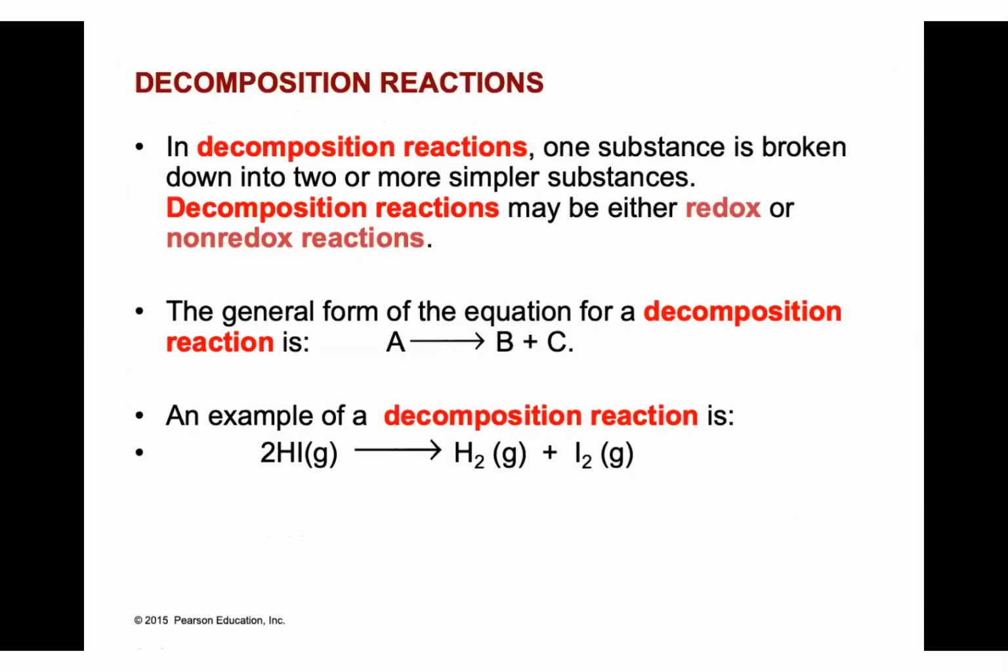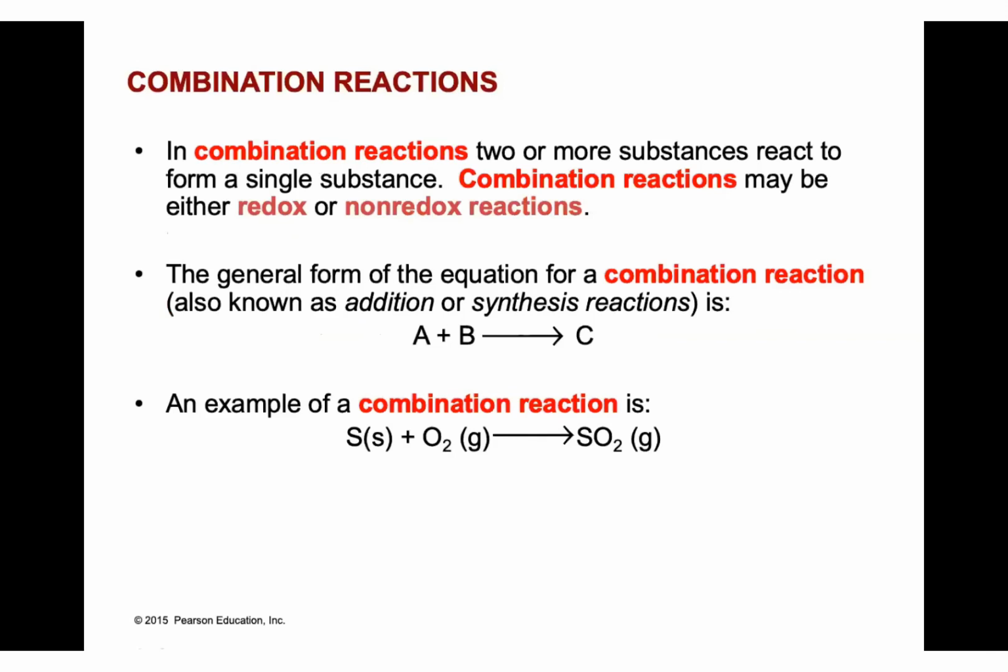Another type of reaction is decomposition reaction. For example, here HI breaks into H2 and I2. So one compound becomes two compounds. This is a decomposition reaction. Combination reaction, or synthesis, is the opposite of decomposition. Two compounds become one compound.